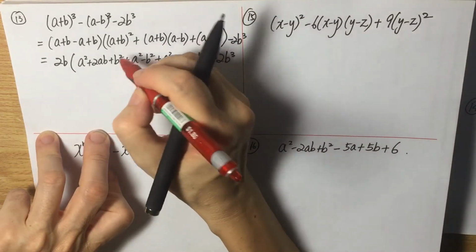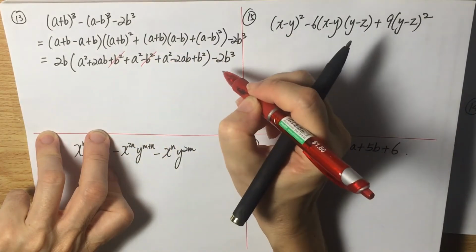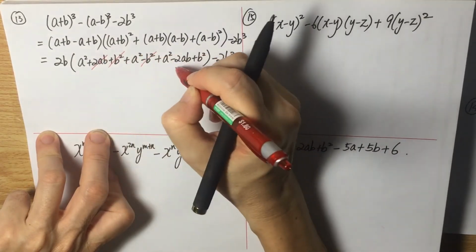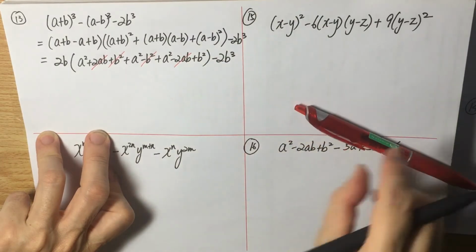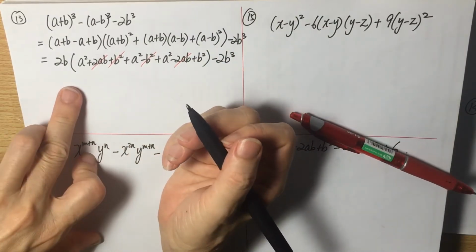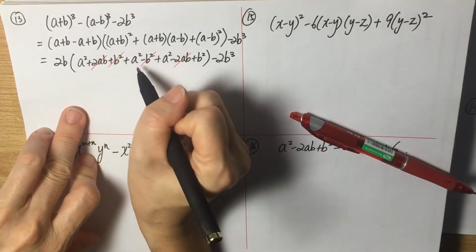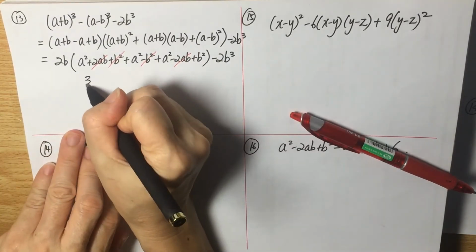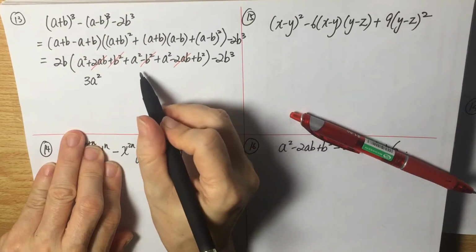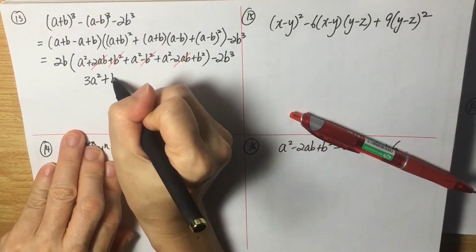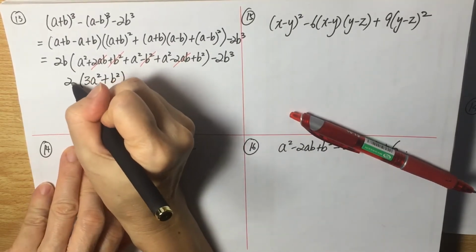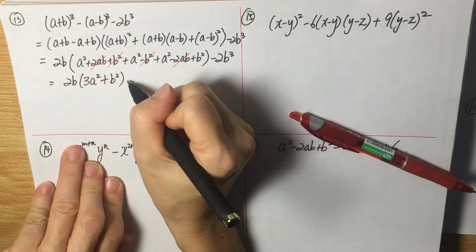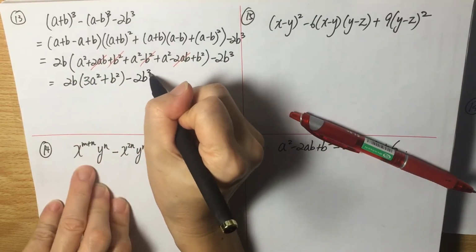So here a plus and a minus, a plus and a minus, and so together I have a squared, a squared, a squared, so altogether 3a squared, and then I have b squared times 2b minus away 2b cubed.